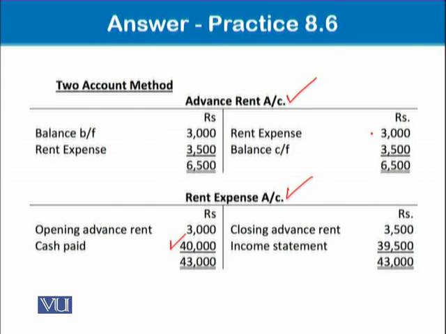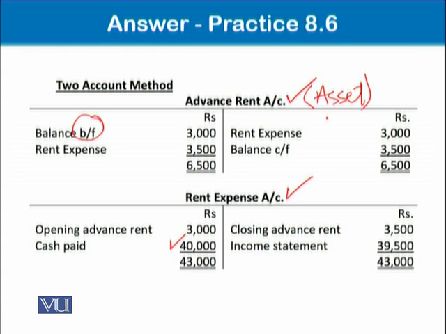Then for putting the opening balance, there is no accounting entry. Just place this opening balance of rent advance on the debit side, since it is an asset nature of account. Asset accounts' opening balances are always placed on the debit side of the ledger account.